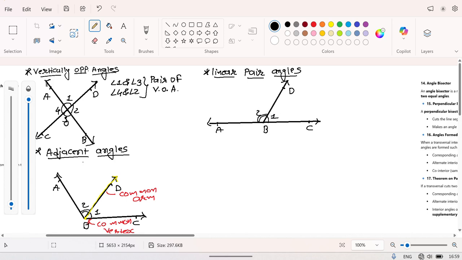Here angle 1 and 2 are adjacent angles because both have a common arm BD, and by combining both angles it creates line AC. So two adjacent angles form a line, and those kinds of angles are called linear pair of angles. So here angle 1 and angle 2 are a linear pair of angles.